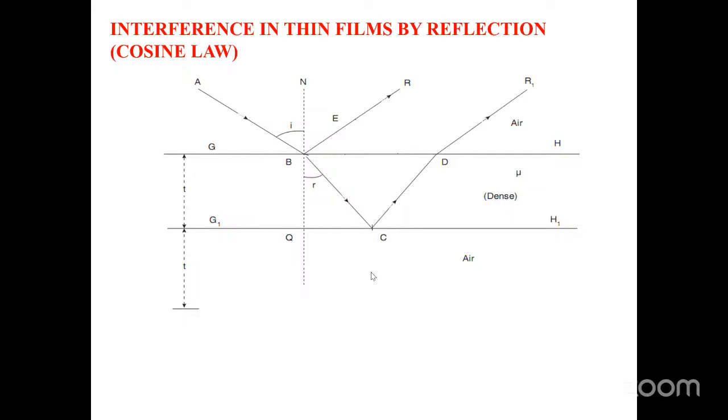Here also, at another normal, CD is reflecting, and refraction takes place along DR. DR is the ray coming out from the denser to the rarer medium, whereas AB is the ray entering from the rarer to the denser medium.